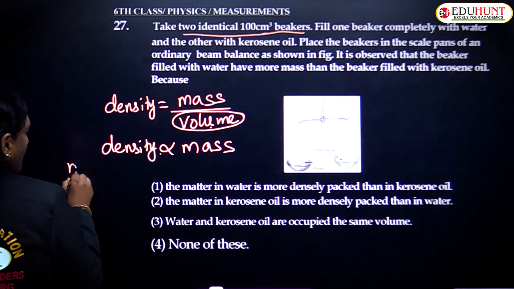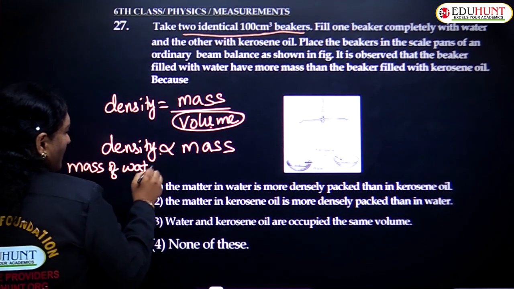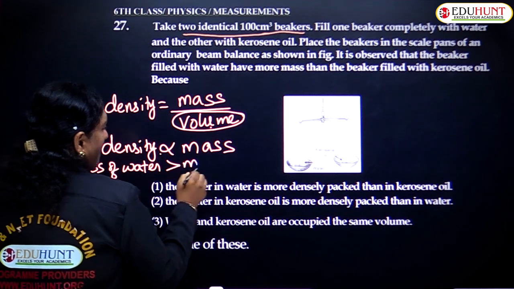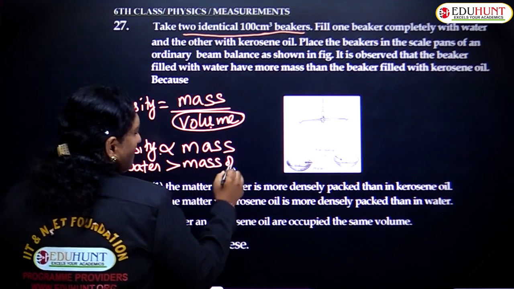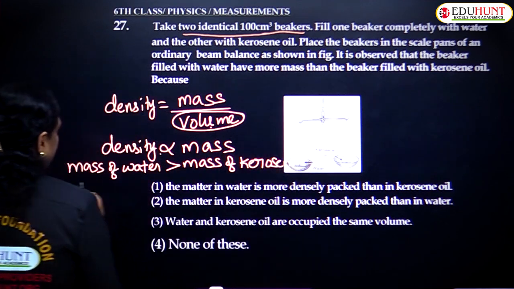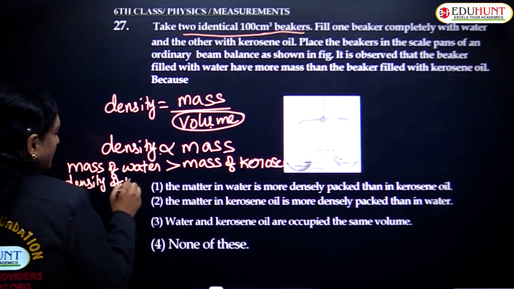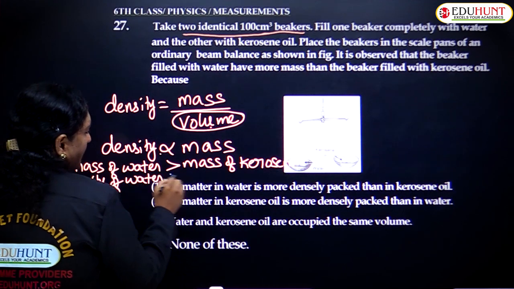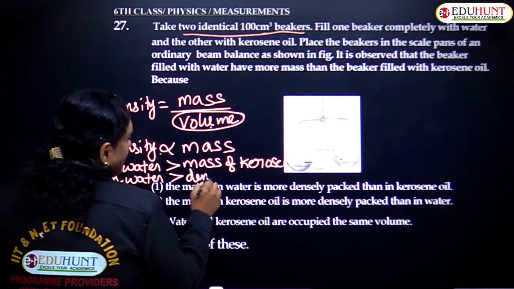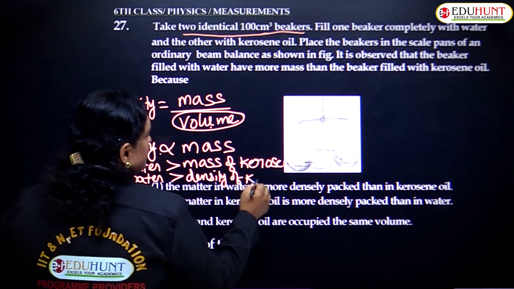So since mass of water is more than mass of kerosene oil, clearly density of water must be greater than density of kerosene oil.